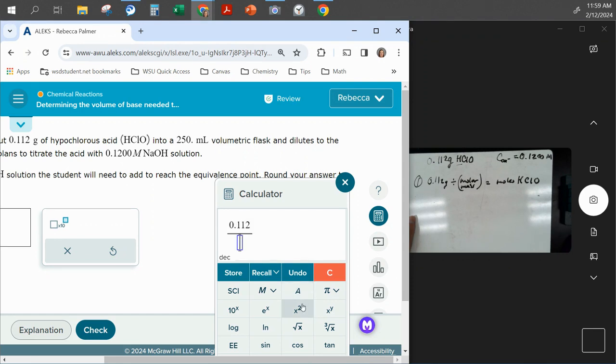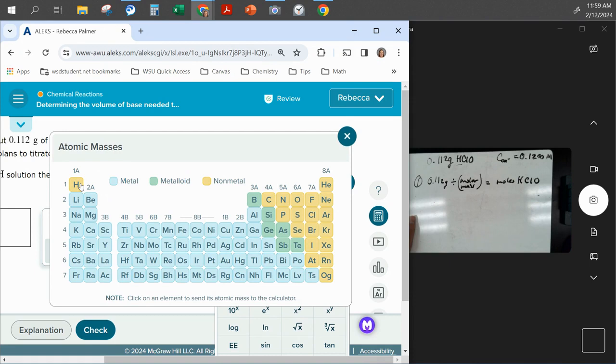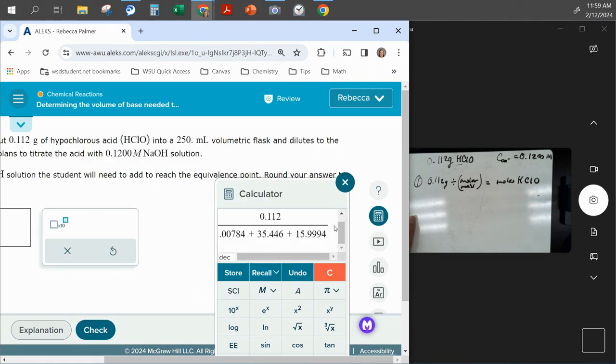We've got hydrogen plus a chlorine plus an oxygen. So mass divided by molar mass gives me the moles. And for this acid, this will give me one hydrogen for one acid, so I would just multiply by 1, but that will give me the same number.